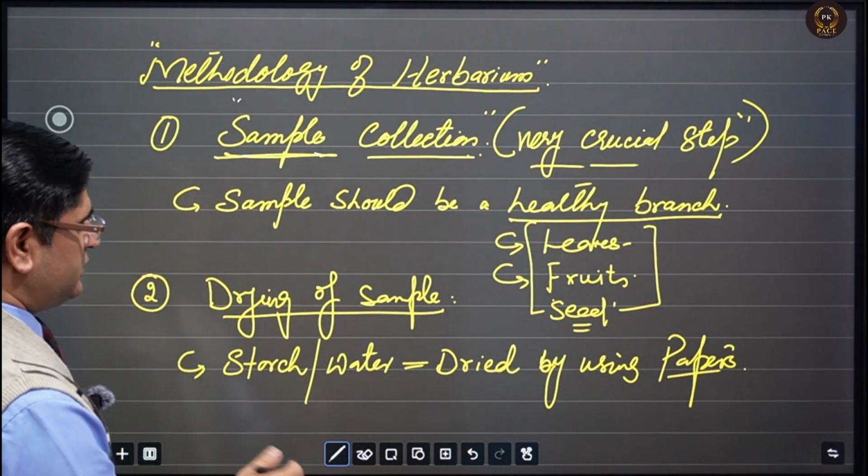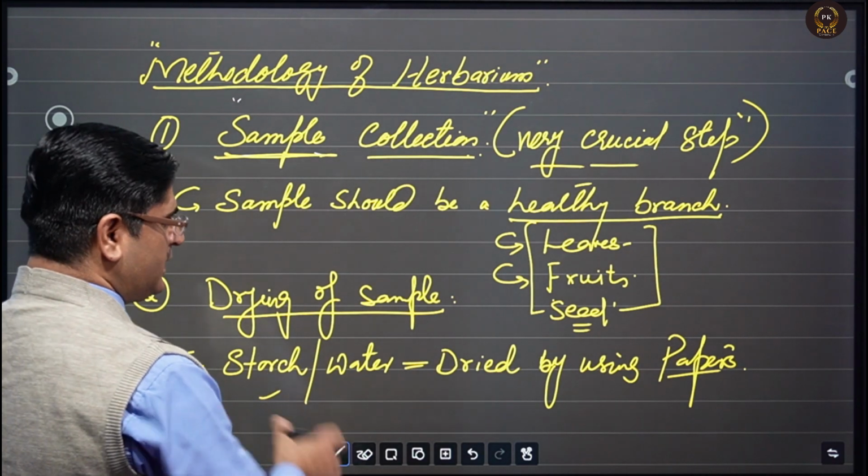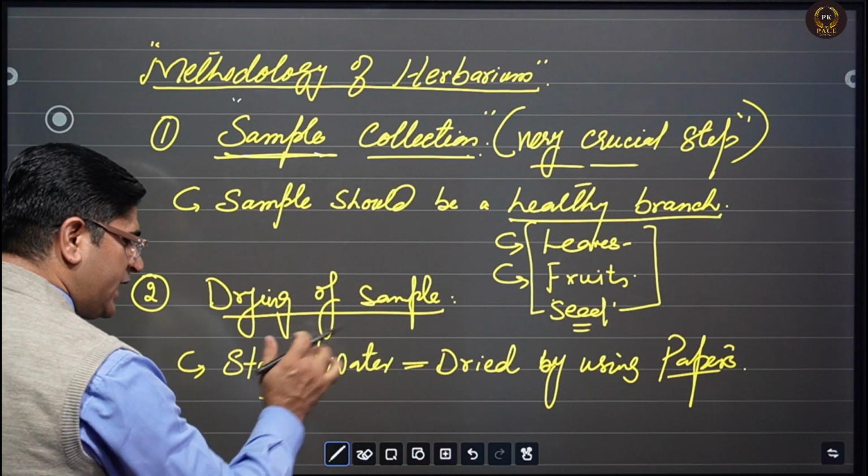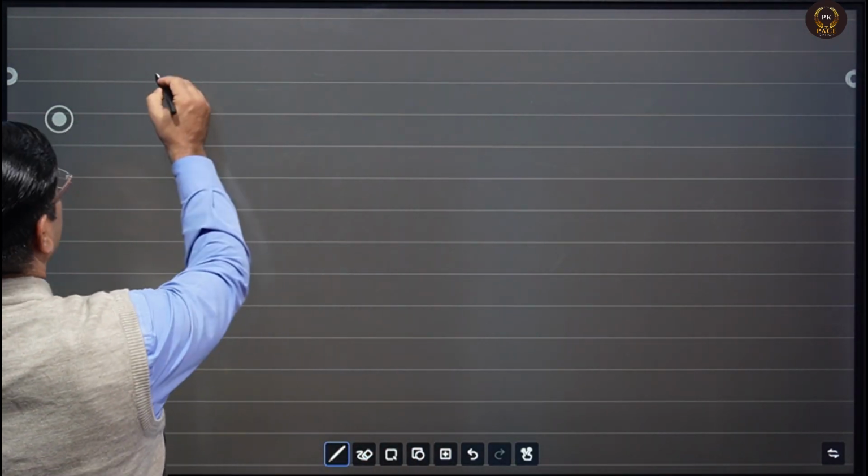So the water and starch are removed from them. So the second step is the drying of the sample.